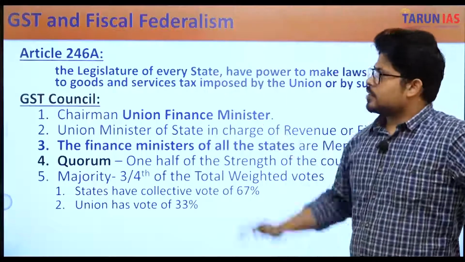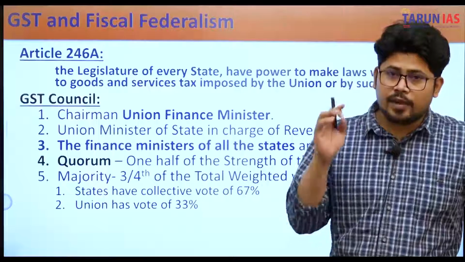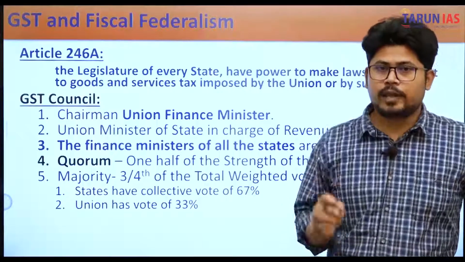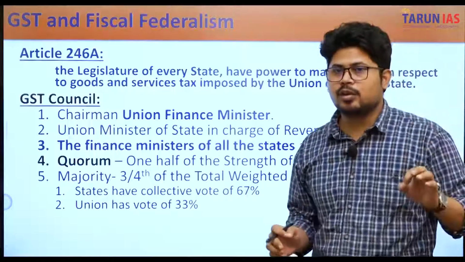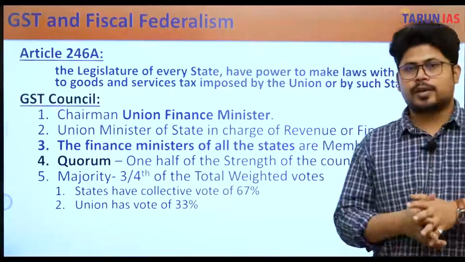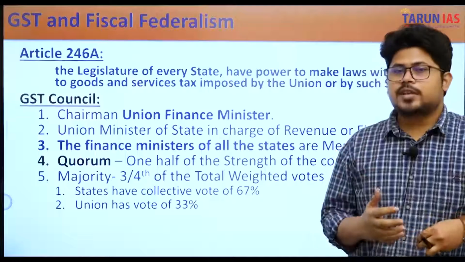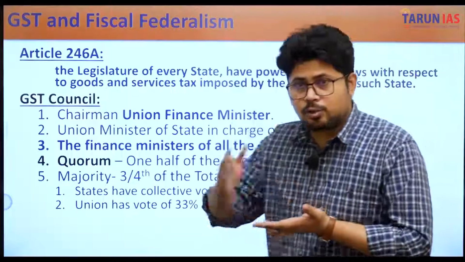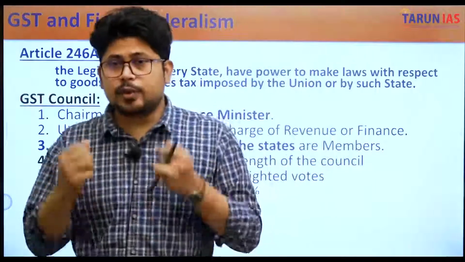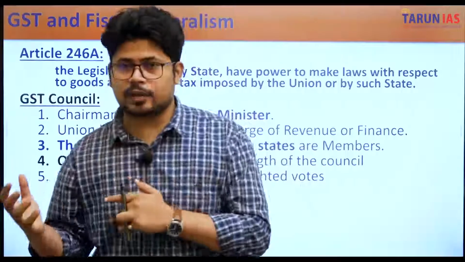So Article 246A talks about the fact that the legislature of every state has the power to make laws on goods and service tax imposed by the union or by the state, both. That means every state government shall have the power to make laws which can exclude or include any kind of good into a certain slab, or exclude it from certain kinds of taxation.